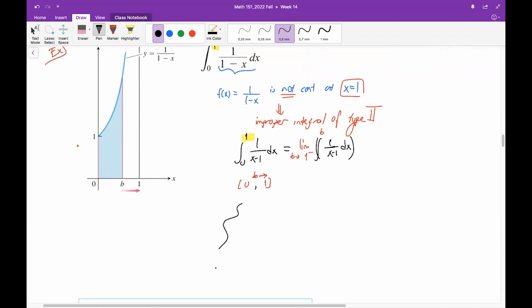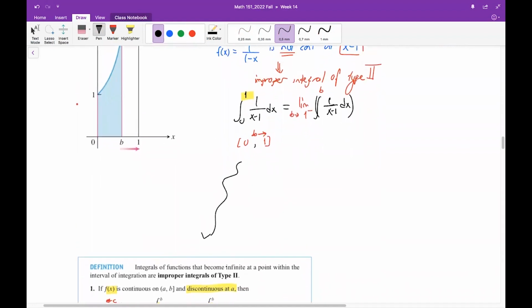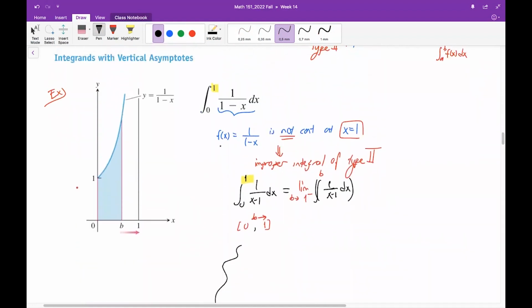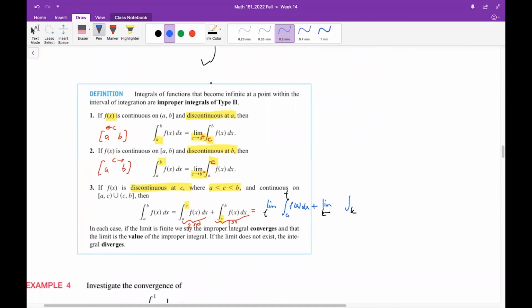Okay, so let's try to understand all the other cases. Starting from this example, I think you got the idea how we should fix improper integrals of type 2. Type 2 means the cases where the interval is finite, but the problem is that the function has some discontinuity points over this interval of integration. So look at this table.